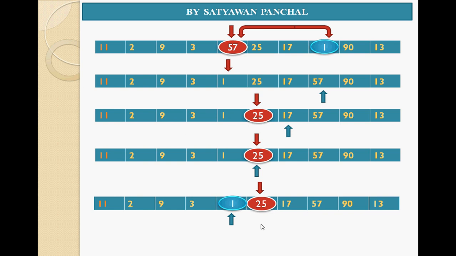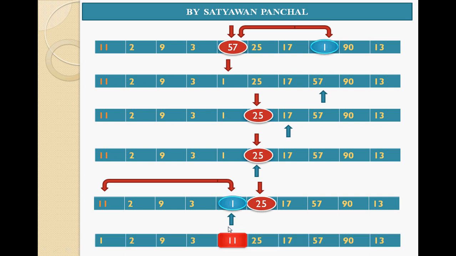Here we will now consider that this blue anchor has crossed the red anchor, and 1 is taken here. Now these two have crossed. On the next step we'll do the main job. We will interchange the pivot value with this blue anchor. Okay, and here is the main pivot.